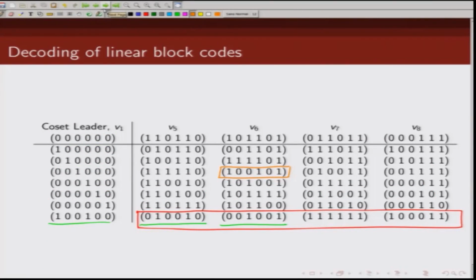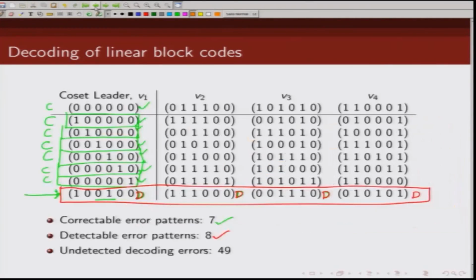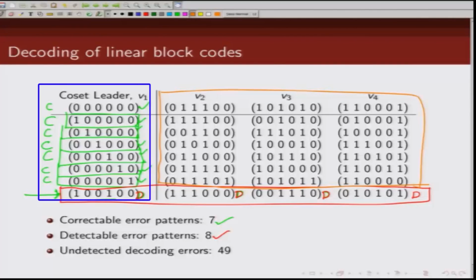Whenever this error pattern happens, this is Hamming weight 3, its coset leader was already Hamming weight 1. So, whenever these error patterns happen, I am not able to detect any of these error patterns. Why? Because whenever any of these error patterns happens, I have already taken decision in favor of these coset leaders, because it is less likely to get this error pattern than this.